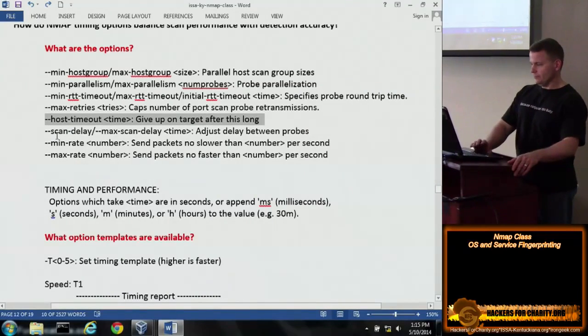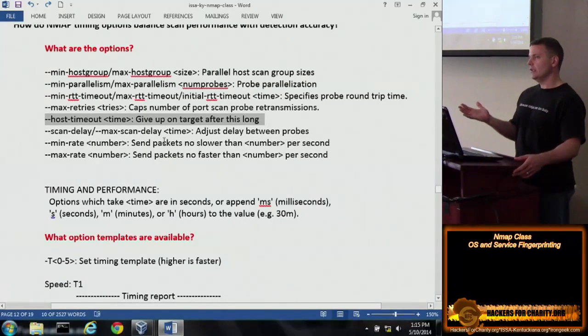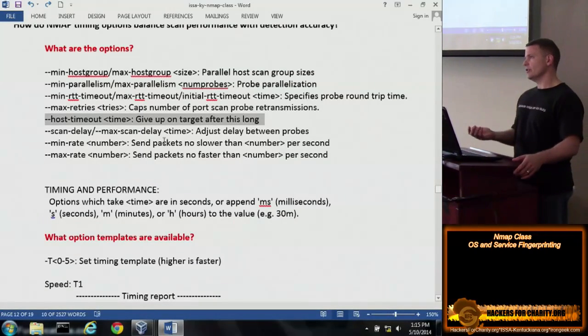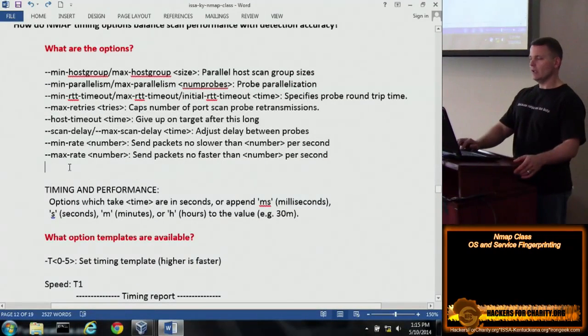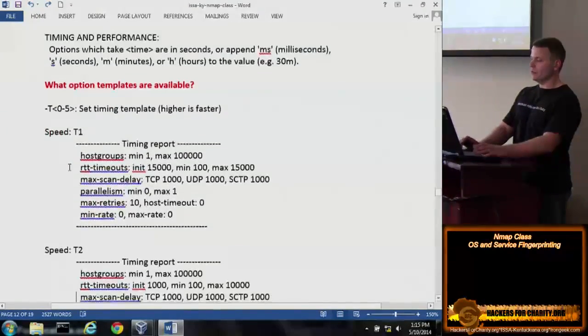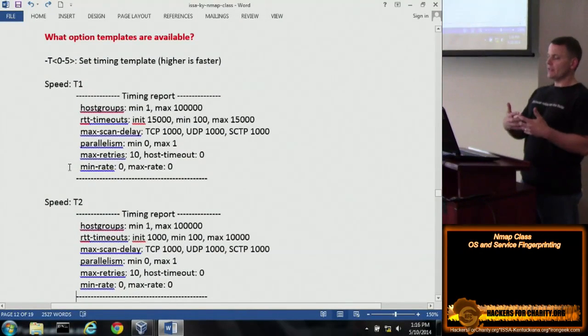And then you can also send packets at certain rates. So you can say, I don't want to send any more than so many packets or any less than so many packets, and really dial in how stealthy or how noisy you want to be, how aggressive you want to try to crank it up. Now, typically what most people do is they'll use the built-in templates, and the templates contain groupings of these options.